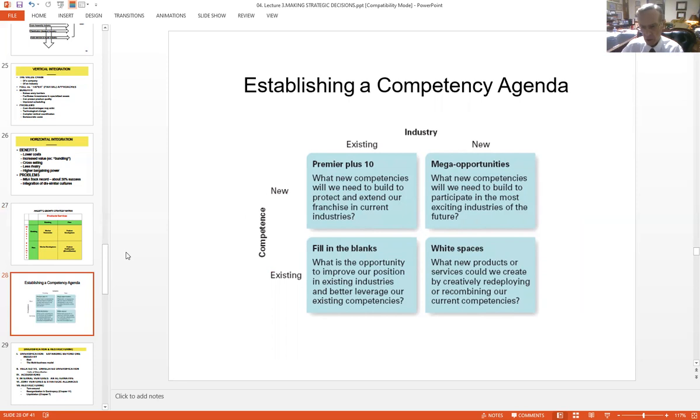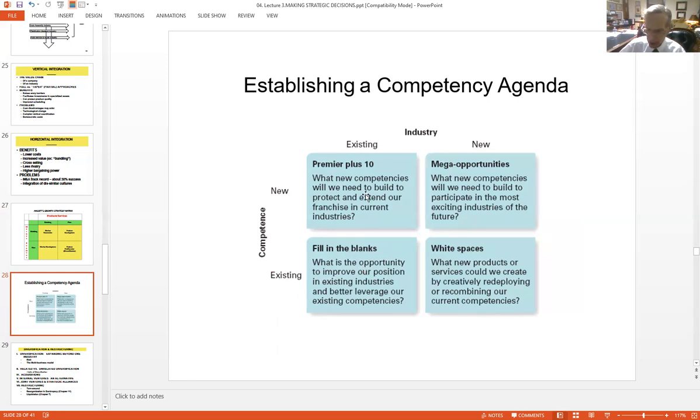And here the positions have been replaced, but filling in the blanks, using existing competences to compete in our existing industry. Again, this is what we do every day. We try to take our manufacturing, our service, our control, our internal processes, and get better and better at them.